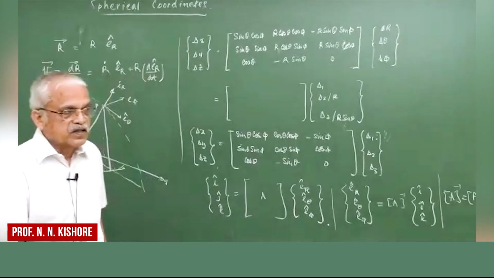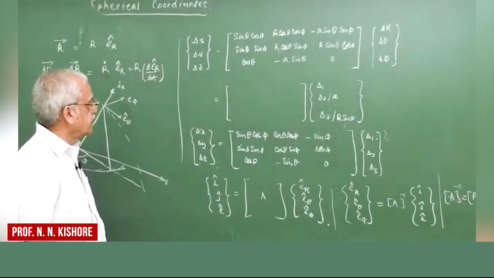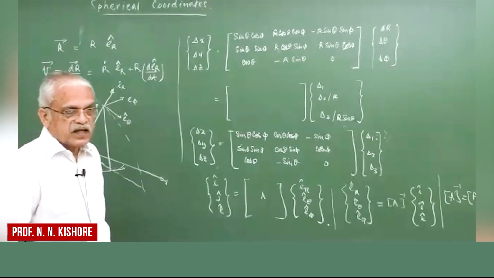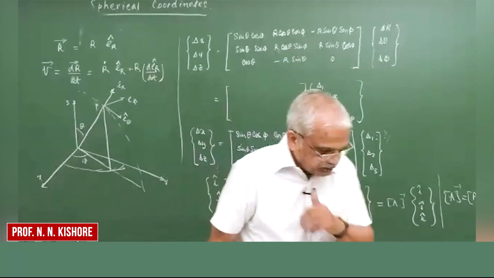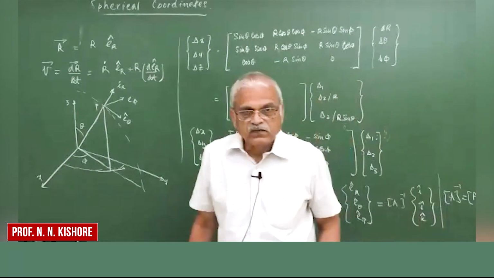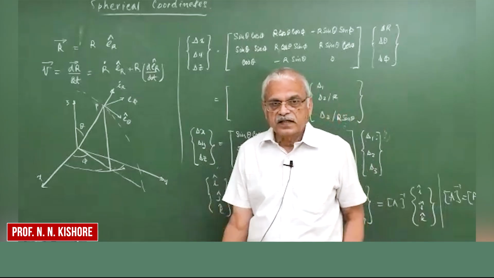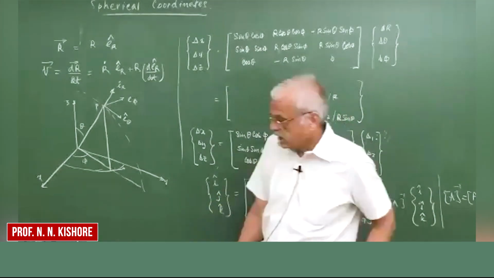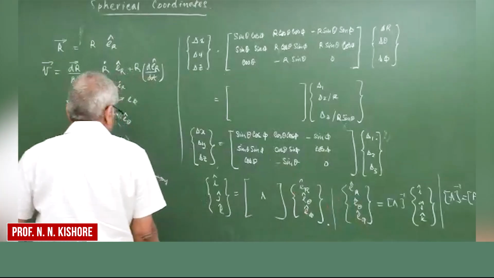There will be a small delta r, delta theta, delta phi, and then there are going to be time derivatives for e_theta, e_phi whenever there is a change in the position of p itself.